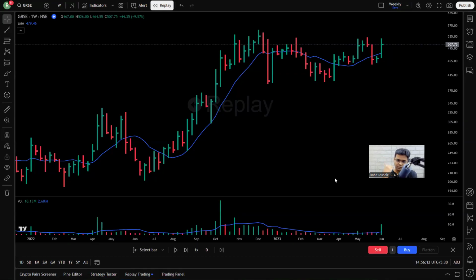Because on a weekly time frame chart, if you look at 10 candles, then you will have to wait for 10 weeks for the base to complete. Whereas on the weekly time frame chart, even 3 bars are more than enough. So 3 down bars after a particular bar, that should be more than enough for us to identify that as a base.